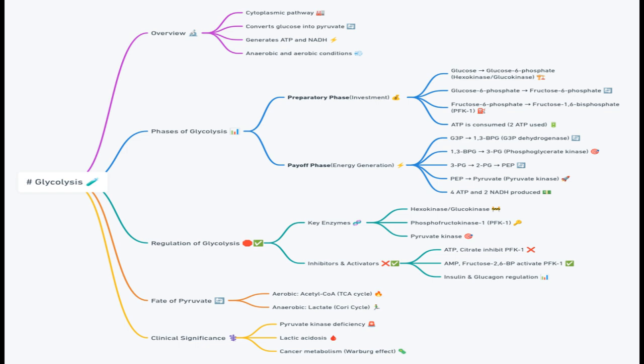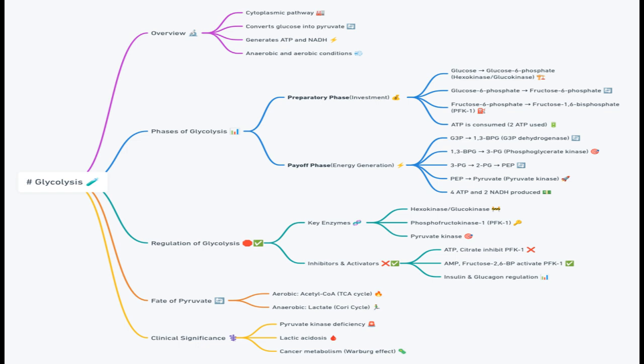But we'll take our time, we'll go through the steps one by one. So the 10 steps of glycolysis and the enzymes catalyzing them, we just try and remember them. The first step is glucose, where hexokinase is the enzyme involved, converting it to glucose 6 phosphate.